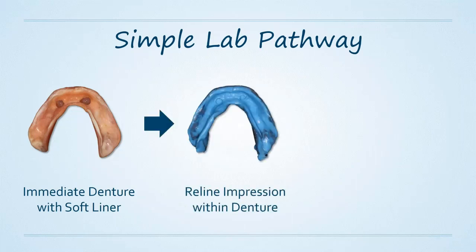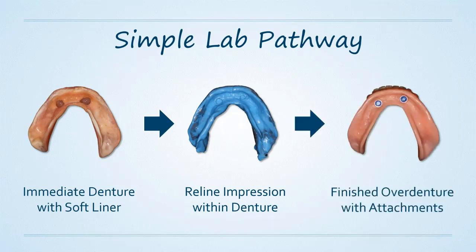Typically what I'm going to do is see the patient, remove the healing abutments, place my locator abutments, then do a reline impression, basically taking the patient's immediate denture, removing the soft liner, washing the inside of the denture with whatever impression material you'd like to use, sending to the laboratory to do a reline procedure, either picking up the inserts inside of the reline impression or processing them, or picking them up in the mouth after the reline has been completed at the laboratory.